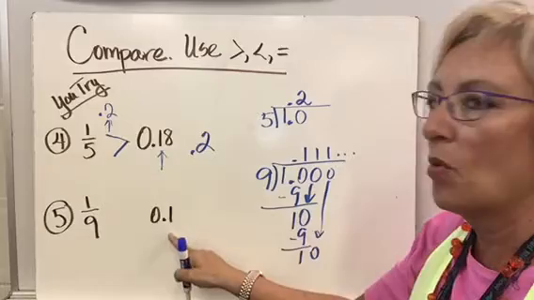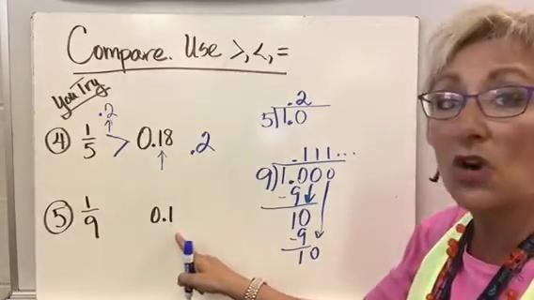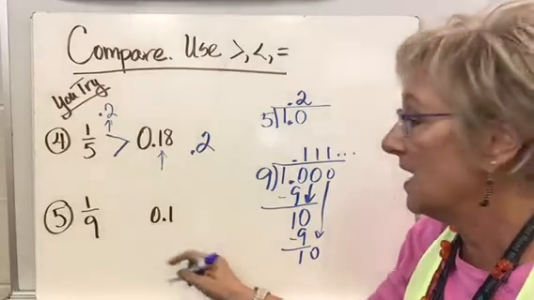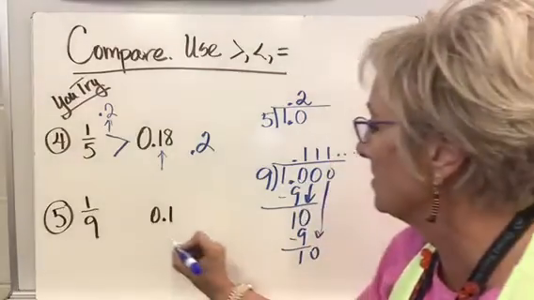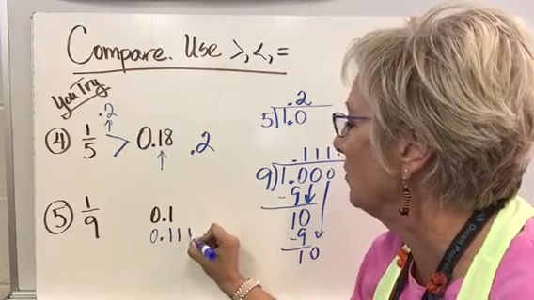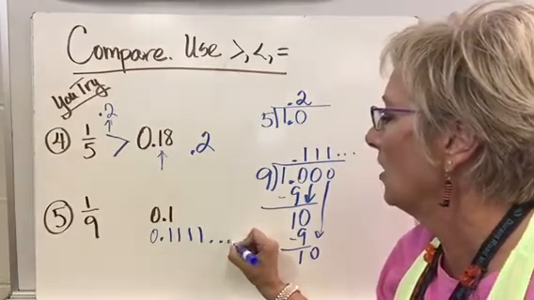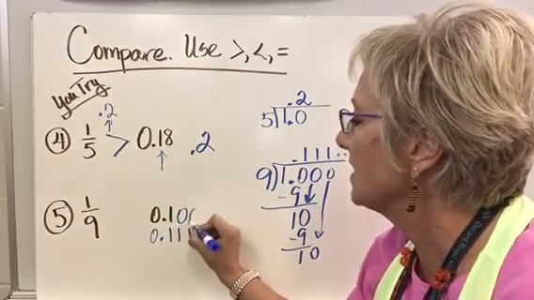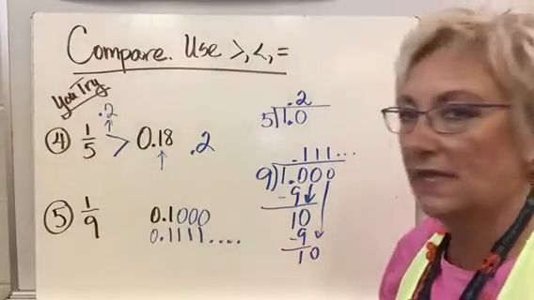Okay, now this is a 0.1. This is what we call a terminating decimal because it stops at the tenths column. So if I wanted to compare these two, I could put a 0 here because we know that just holds a place value, and we can just keep on with the 1s if you want to. I know that I could add zeros here, and that will hold my place value.